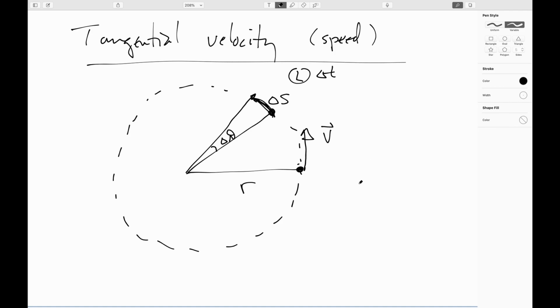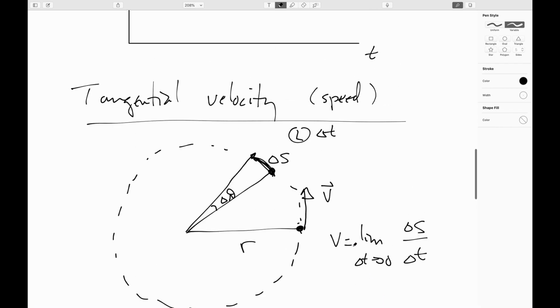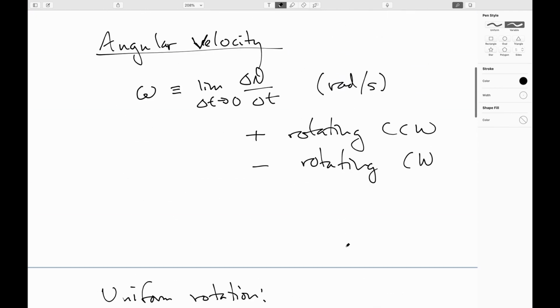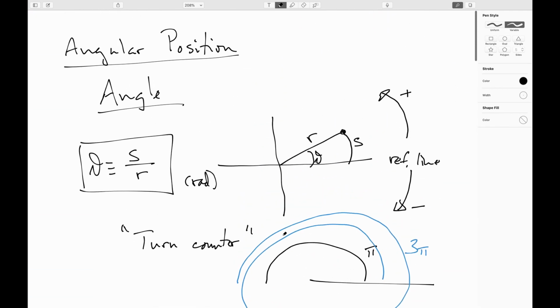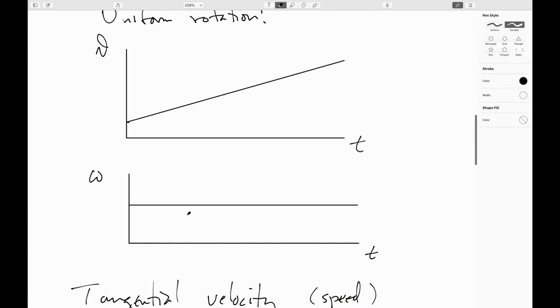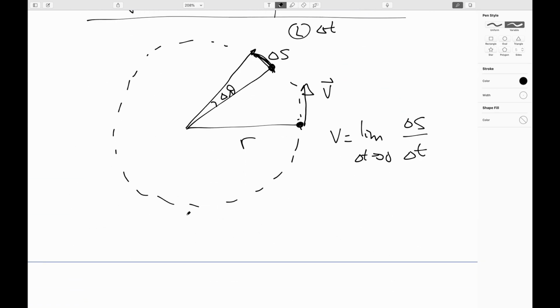So we can say that the speed is the limit as delta t approaches 0 of the change in arc length with respect to time. Now, if we go back to what we had before, here we said that angle is arc length over radius. So I can times both sides by the radius and get that the change in arc length would be equal to the radius times the change in angle.